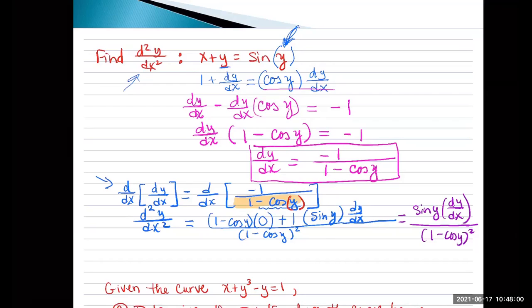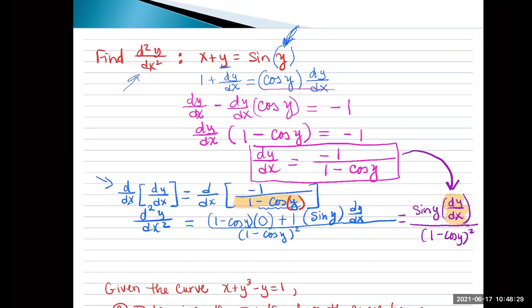Okay, the reason that I'm not finished there is because when we find the second derivative of y with respect to x, we want our answer to be a function of x and y, not a function of x and y and dy dx. Every time you find a second derivative, you're going to have a dy dx in your problem. And every time you're going to have to substitute that dy dx from your first derivative.